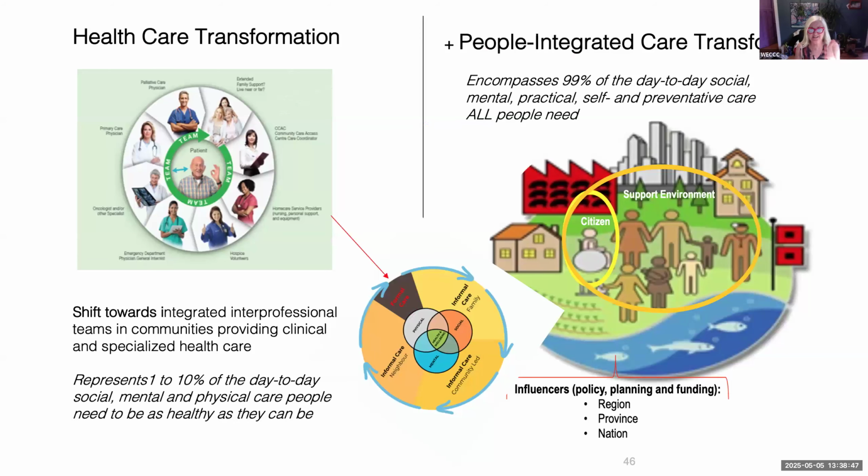This is a little bit of a model, in terms of policy research, about how it connects with the healthcare transformation and some of the innovations going on in specific healthcare spaces, like primary care and home care, etc. There is a shift towards integrated interprofessional teams that are community-based and provide clinical and specialized health care.